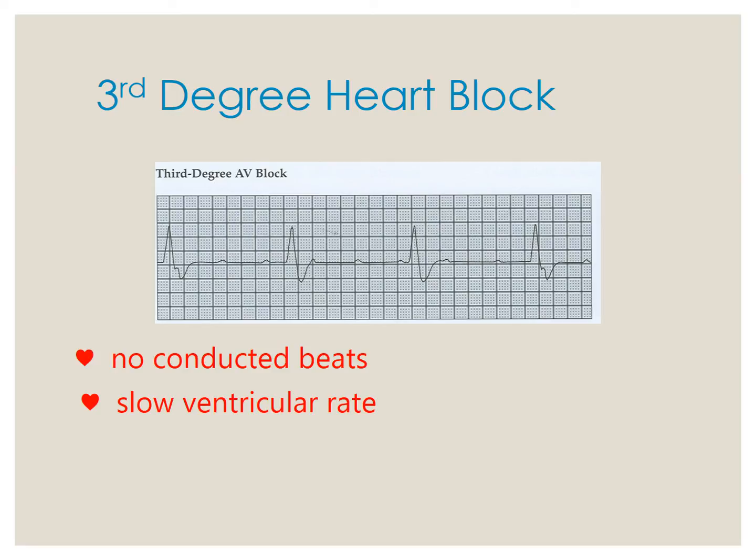Okay, so I don't know if you guys can visualize that in your head, but remember the P wave is your atrial depolarization, QRS is your ventricular depolarization. So when there's not a P wave, there's no atrial depolarization. Okay, so they are going to be originating from different sites.